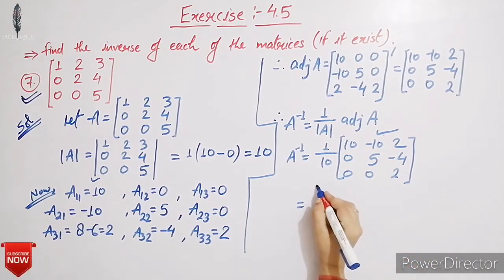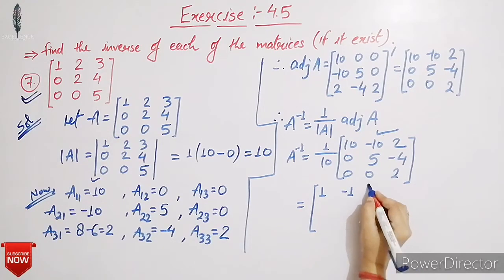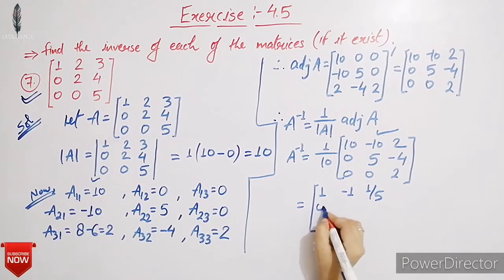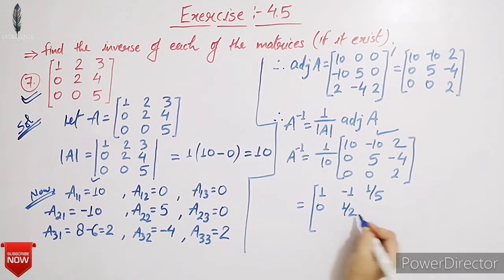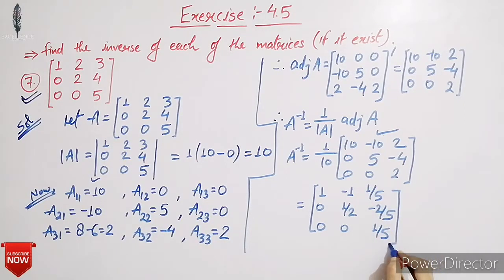On solving, we have [1, -1, 1/5; 0, 1/2, -2/5; 0, 0, 1/5], which is the required inverse of this matrix.